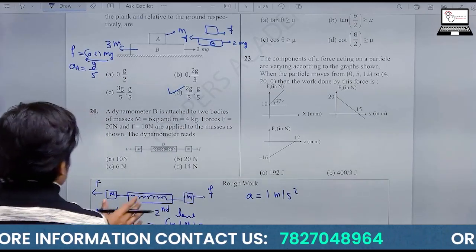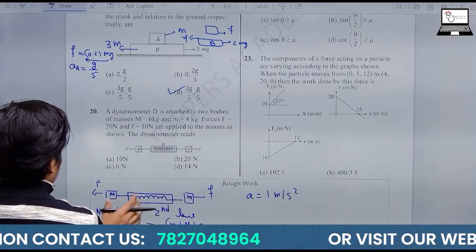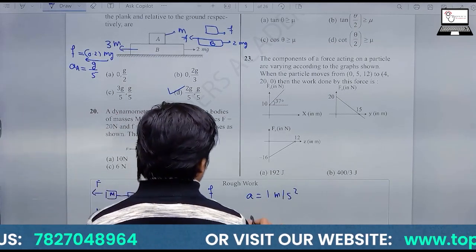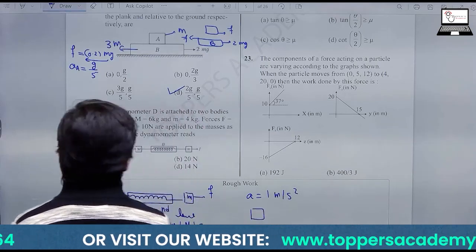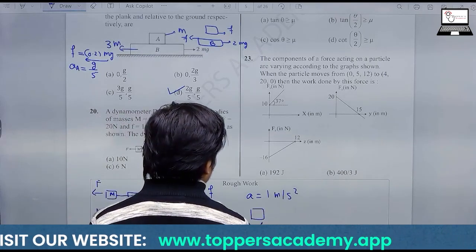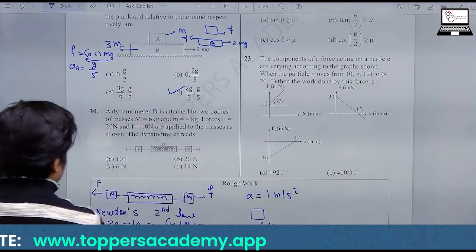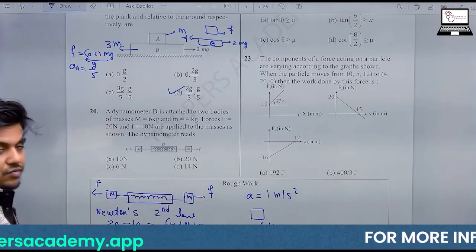Now if we consider this 6 kilogram mass only, this is the total acceleration of this dynamometer along with these masses.